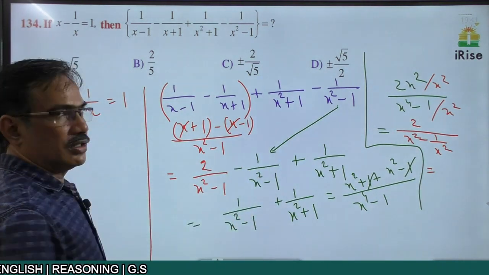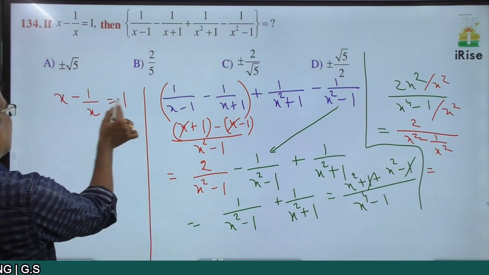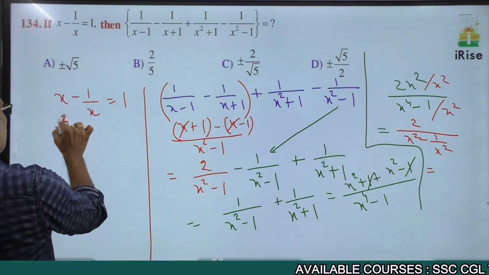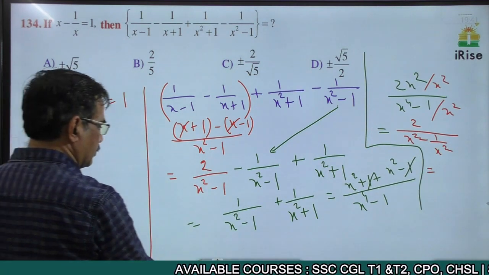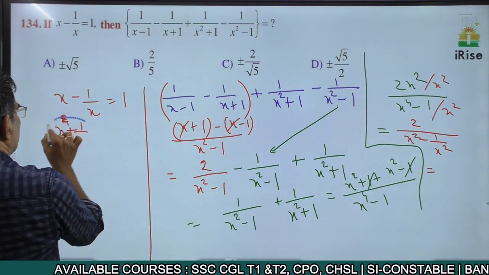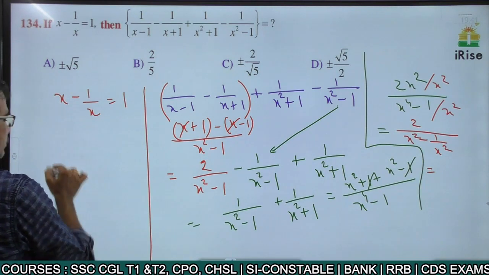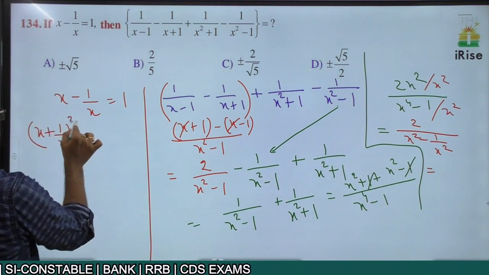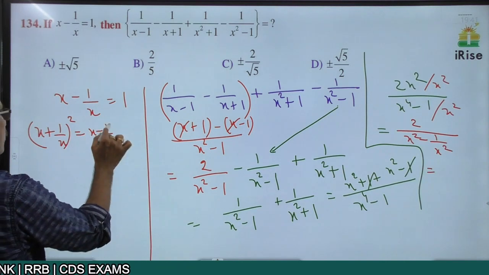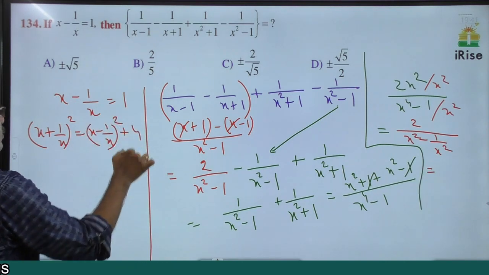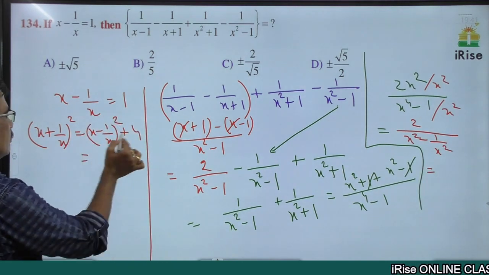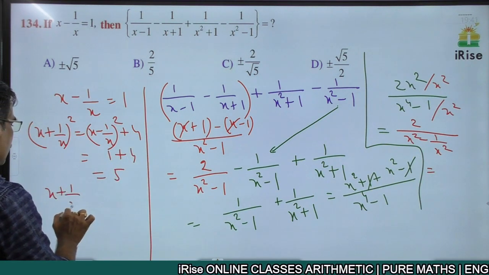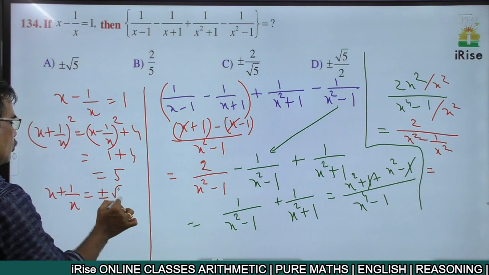So that is the question. First, if x minus 1 by x is 1, what is x plus 1 by x? X plus 1 by x whole square is equal to x minus 1 by x whole square plus 4. This is 1 plus 4, which is equal to 5. So x plus 1 by x is equal to plus or minus root 5.